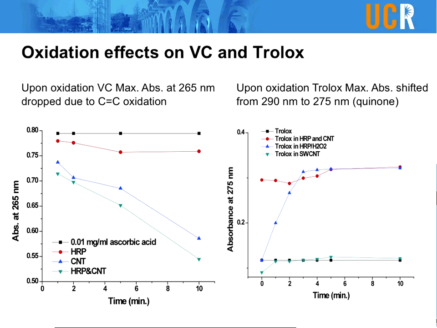And so this is the summary of the absorption spectrum of vitamin C and Trolox, which will tell us the oxidation of these two molecules in the solution. Like I mentioned, the Trolox itself is not responsive to the carbon nanotube.